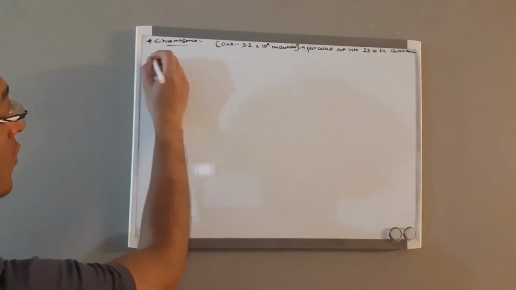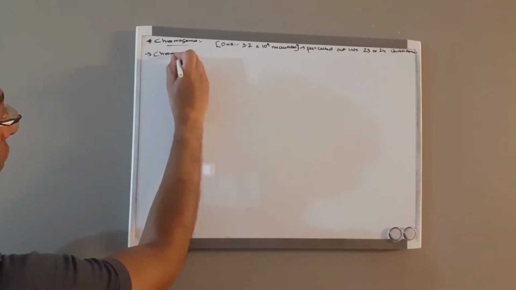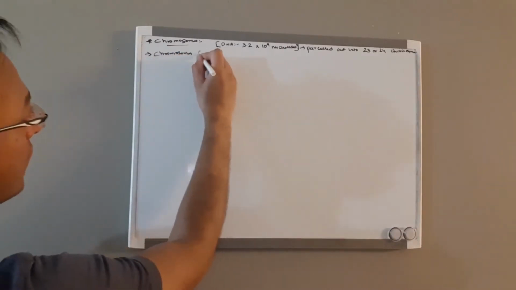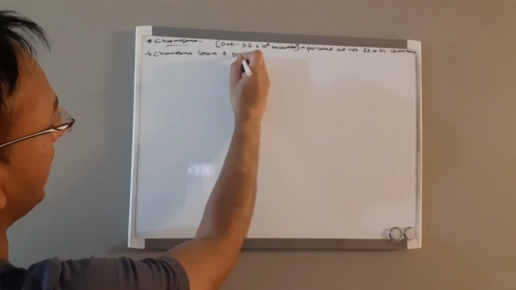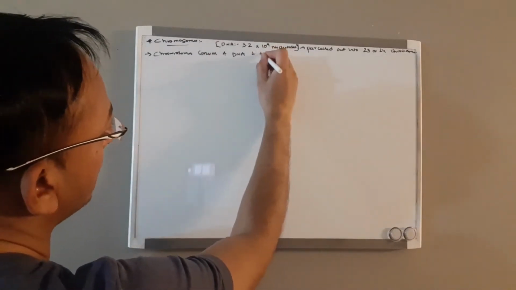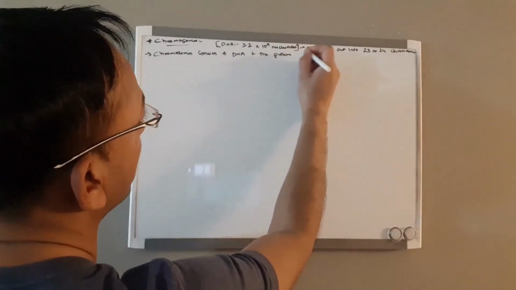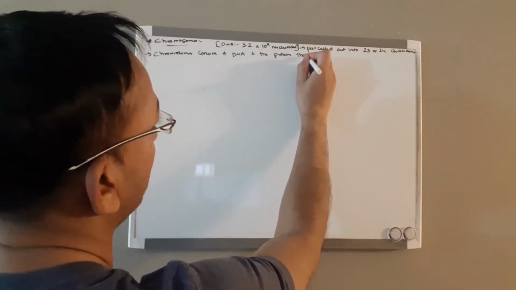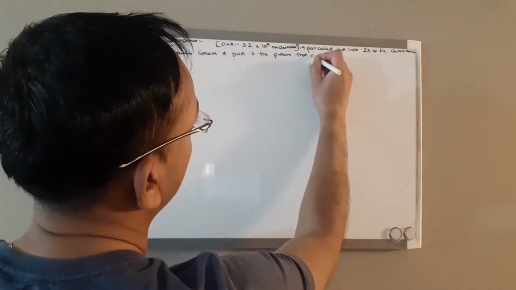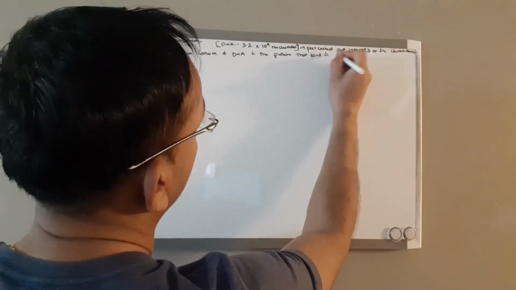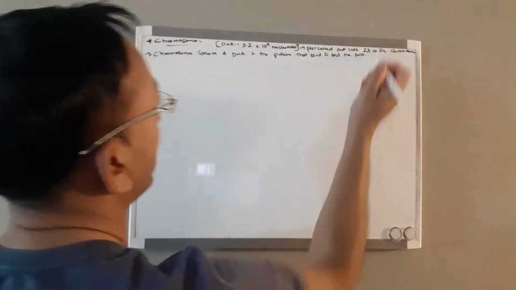So what does the chromosome contain? The chromosomes consist of DNA and the protein that binds and folds the DNA.